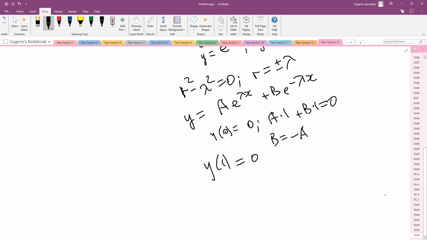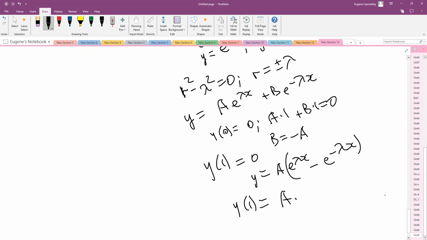That means, by this one, y equals a times e to the lambda x minus e to the minus lambda x. And then y of 1 equals a times e to the lambda minus e to the minus lambda.